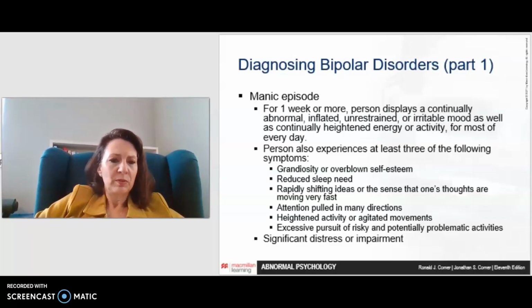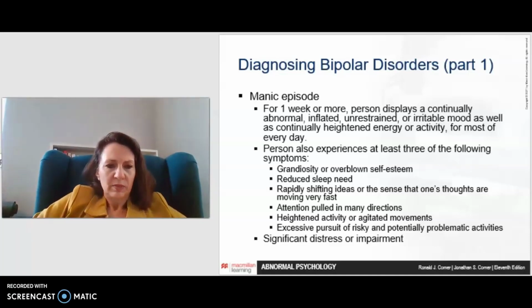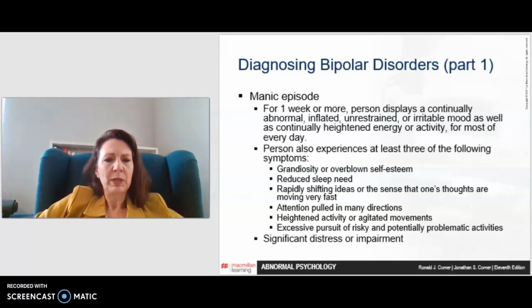So I want to focus on what mania can look like with these symptoms. Lots of really grandiose thoughts about big self-esteem, reduced need for sleep, rapidly shifting ideas or racing thoughts, attention pulled in many different directions, heightened activity or agitated movements, and excessive pursuit of risky behaviors.